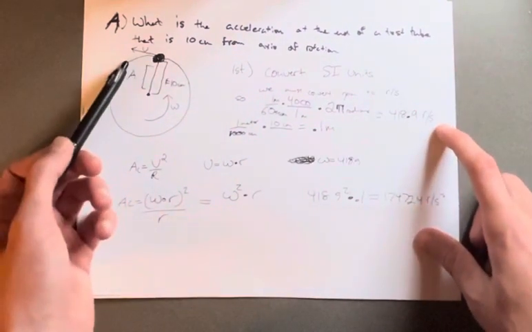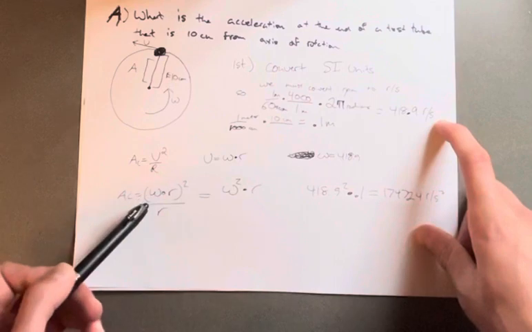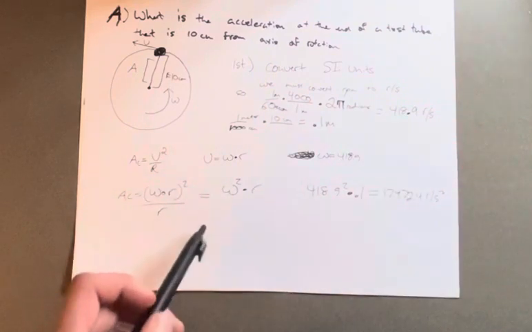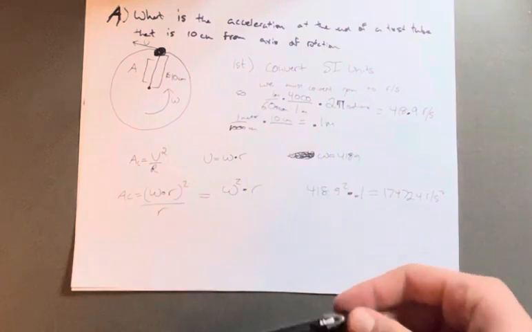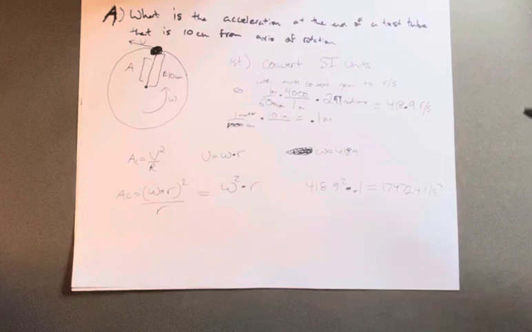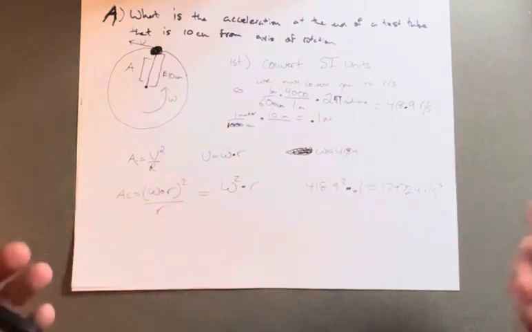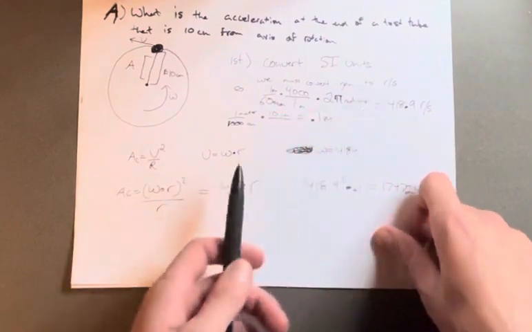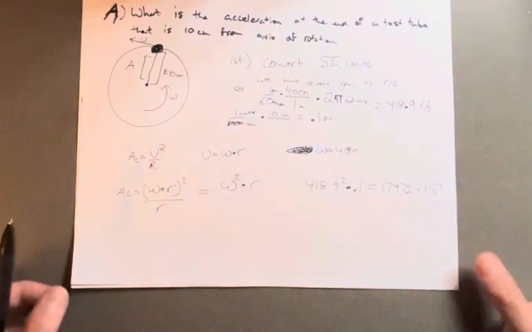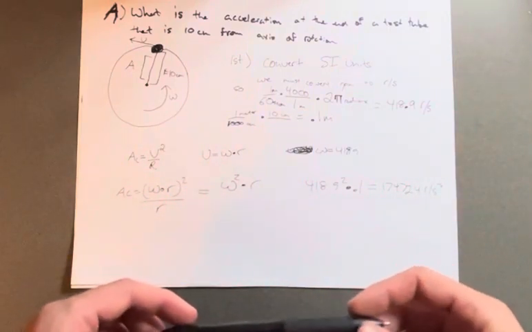But since we don't know our velocity, we're going to have to find our angular velocity, which is 2 pi times the radian. That's where we have to convert our SI units, because 4,000 rotations per minute doesn't give us radians.